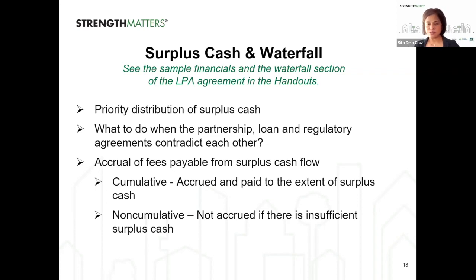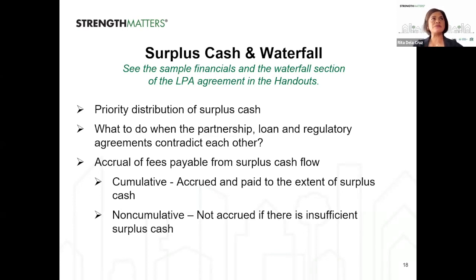Just to remind us, what do we mean when we say waterfall? Waterfall is exactly this: priority distribution of surplus cash. I think the reason it's called waterfall is because it cascades. You start with the first priority distribution, and then the second, and then the third, through however many you have in your operating agreement or your partnership agreement.